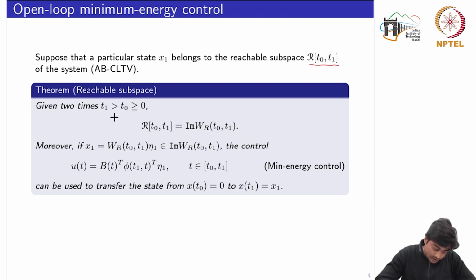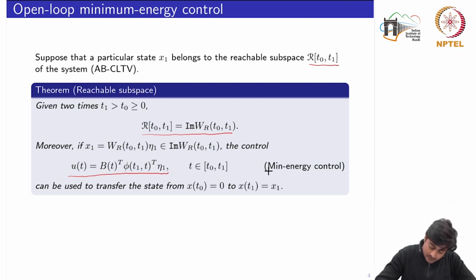If you recall, this was one of the main results where we characterized the reachable subspace in terms of the reachable Gramian, and we also specified that if x1 belongs to this reachable subspace, meaning there exists an eta 1 such that this equation is satisfied, then this control can be used to transfer the state from the origin to x1.